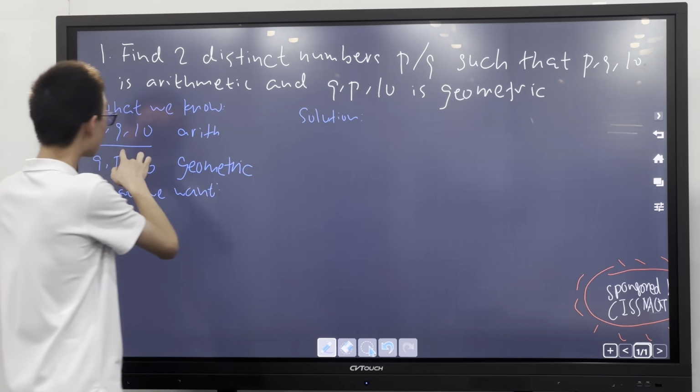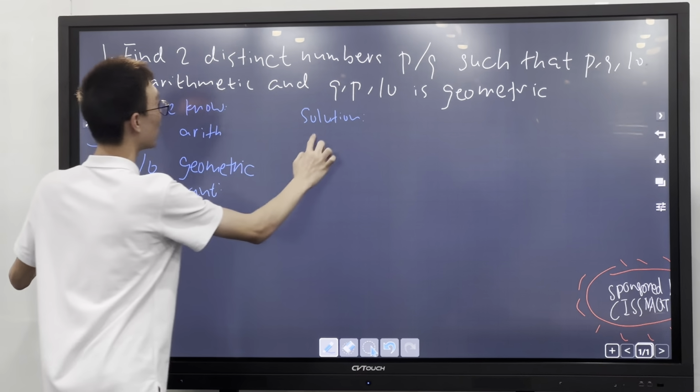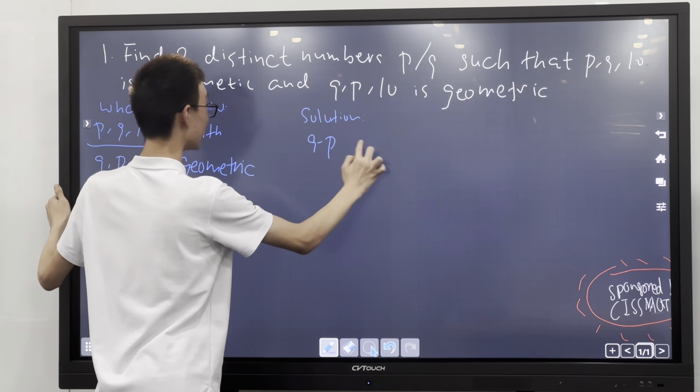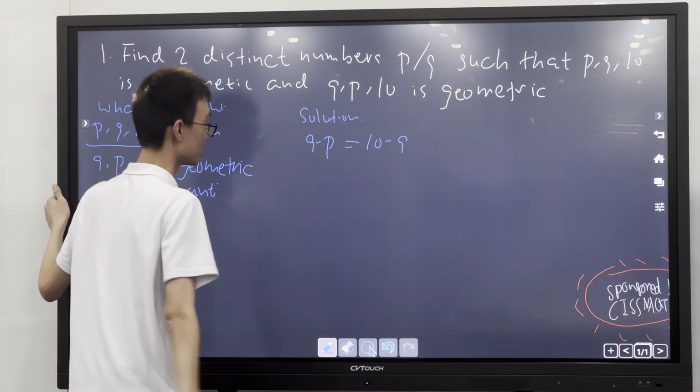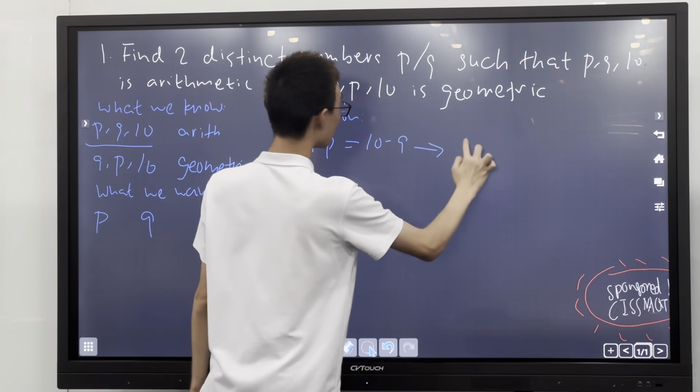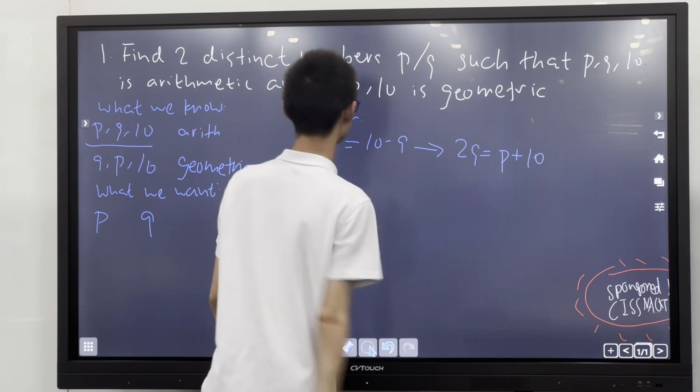For the arithmetic sequence, corresponding terms must have the same difference. So q minus p must be equal to 10 minus q. What does this mean? This means that 2q is equal to p plus 10.